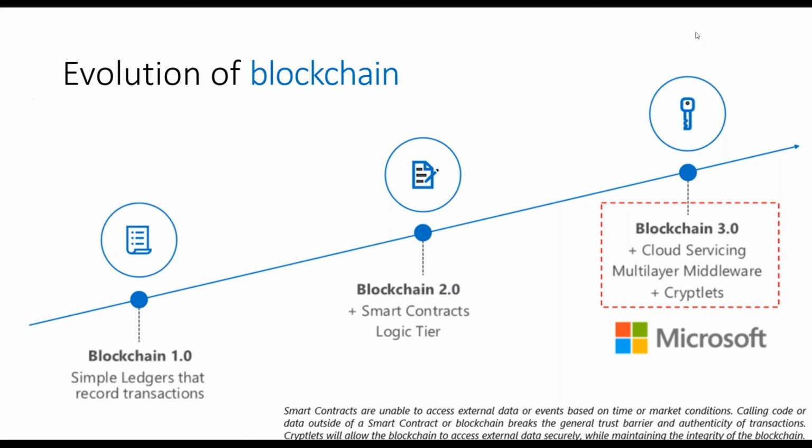So this blockchain 2.0 is still missing something though. It's still missing connection to external systems. Now, the world of blockchain and the world of smart contracts work in isolation from any other networks.